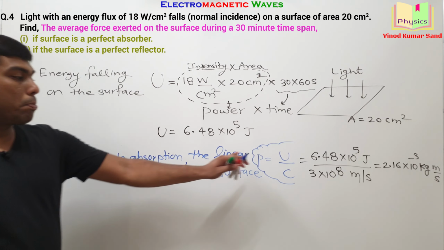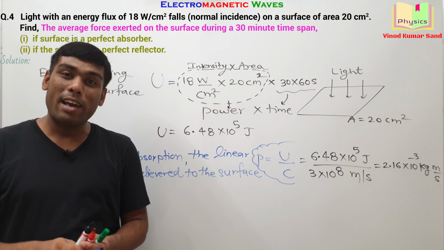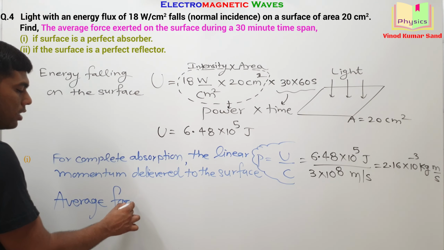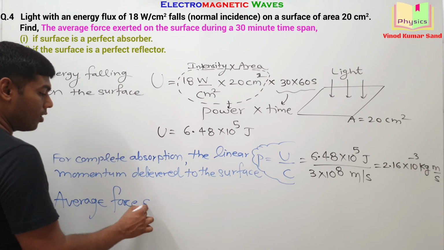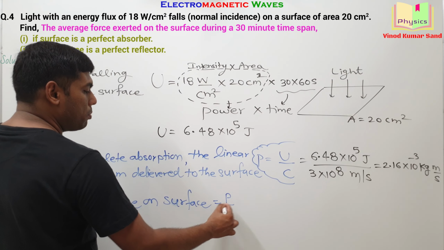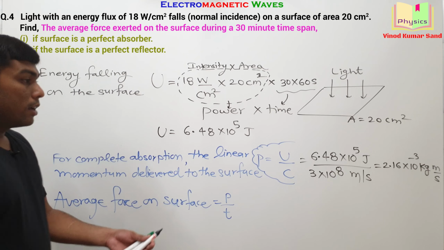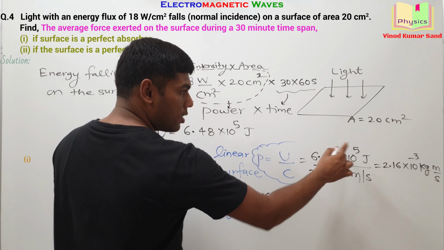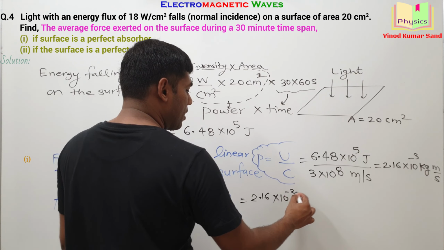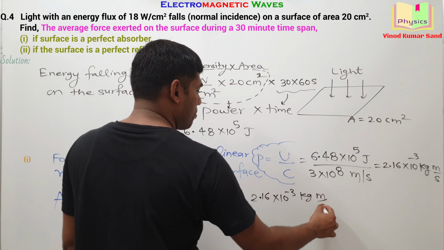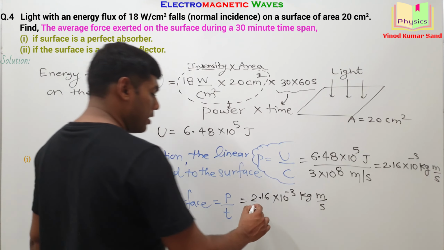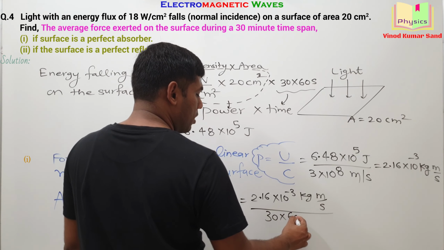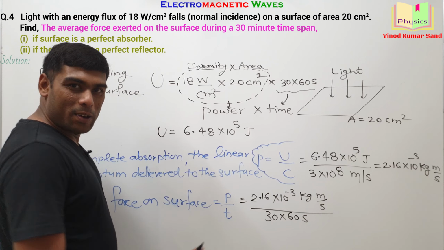If we know P, we can find the average force on the surface. We can use Newton's second law. Force will be equal to P by T. P is 2.16 into 10 to power minus 3 kg meter per second, and the time is 30 minutes, which we convert into seconds.